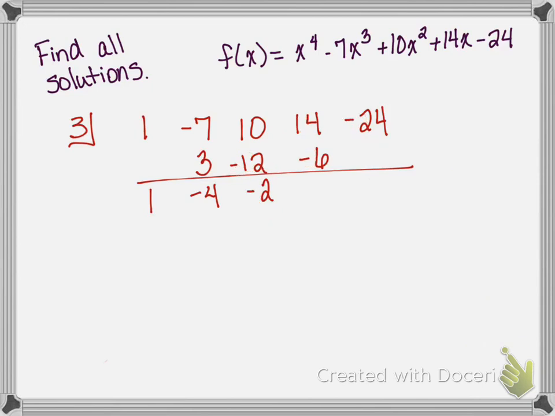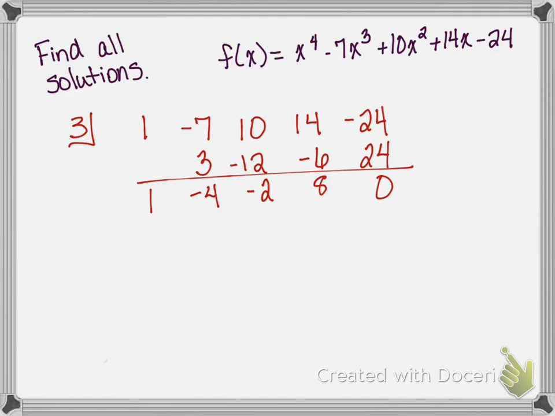Whoa. Okay. 3 times 8 is 24, and I get 0. Okay, so I get 0. That tells me I did it right.